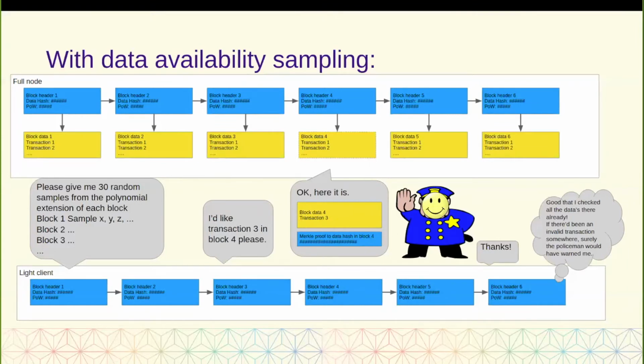In this case, I could fool a finite number of light clients. Unless I give more than 50% of the data away, I can prevent them from getting everything. So that's true. Yeah. And this is an issue if our light clients are basically going to be other chains and other high value targets.